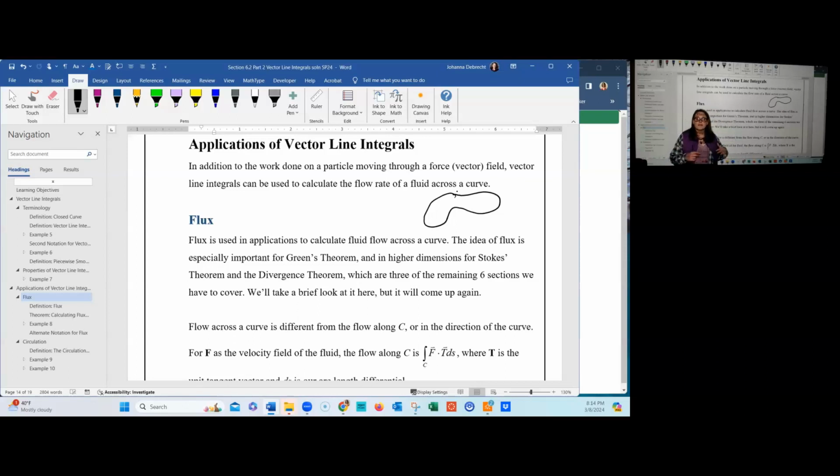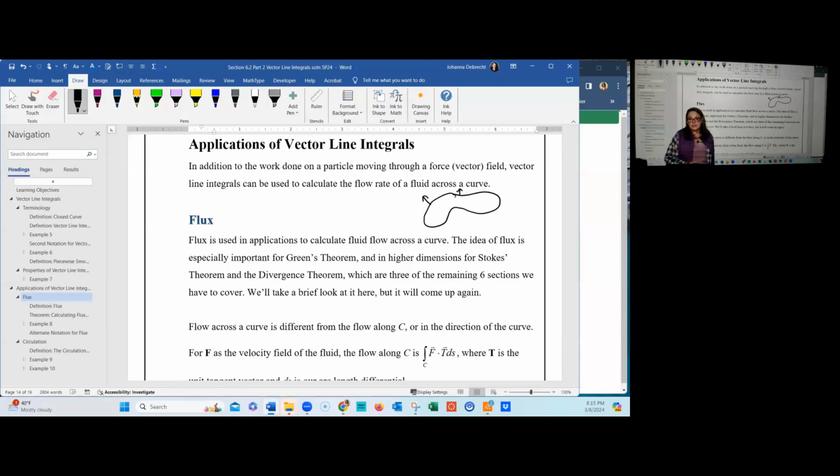When we talk about flow across a curve, we're talking about not going with the curve, but going across the curve, like this. In this sense, we're trying to figure out how much of the vector field lines up, in a sense, with the normal vectors to the curve.